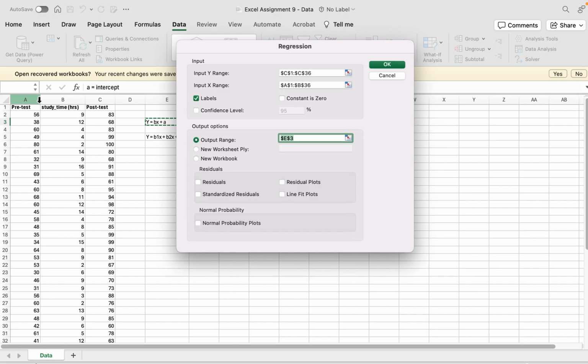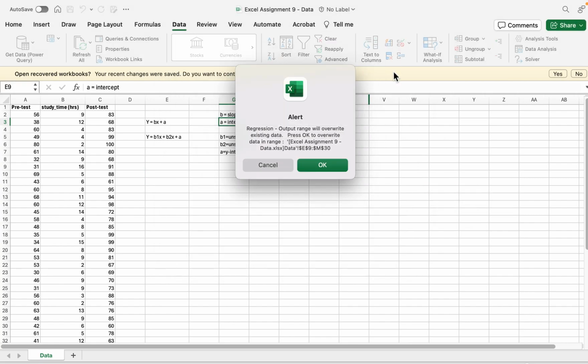And I selected A1 to B36, right? And since I selected the first row, I'm going to click that there are labels because that will pop up here. This is going to be labeling the variables in the output. So as far as the output goes, I'm going to put that starting here, and then I'm not going to click any of this extra stuff, but I'm going to click OK.